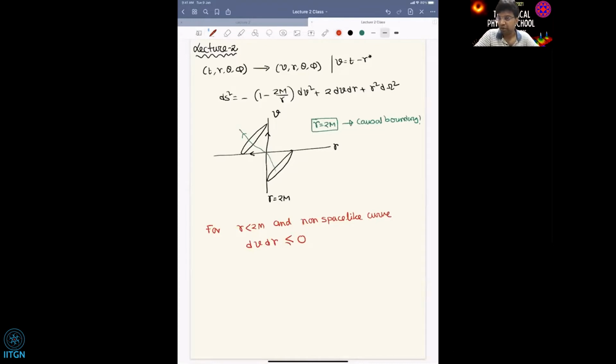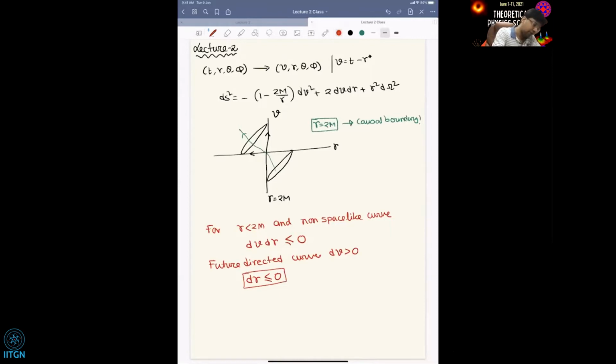Okay, and for a future directed curve, if you want to move along the future direction, dv is positive, and therefore we must have dr less than or equal to 0. And the equality sign holds only when r is equal to 2m.